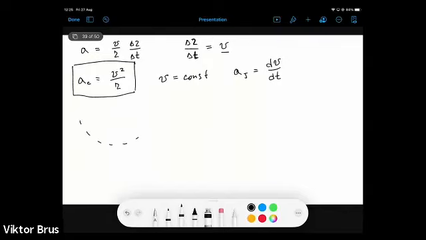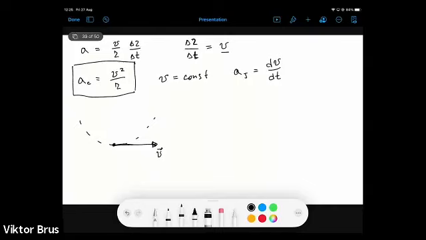So for instance, if we have some trajectory, then we have this particle here. This is the velocity vector, which is not constant in amplitude anymore. Let's say we don't have uniform circular motion.